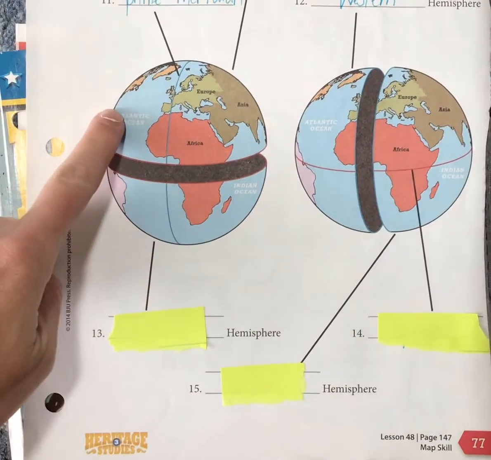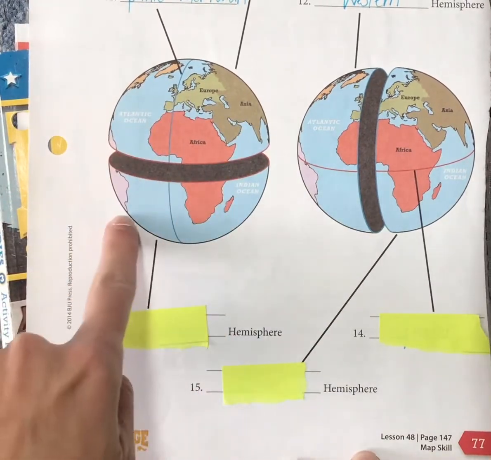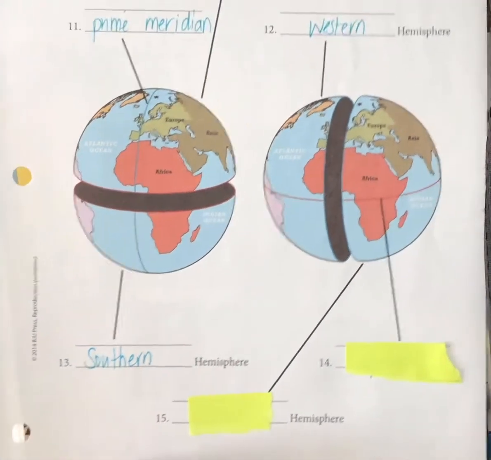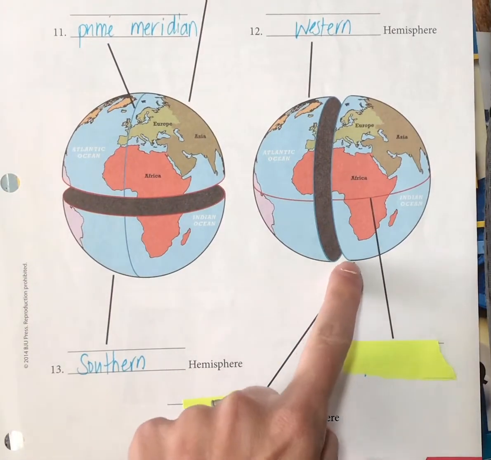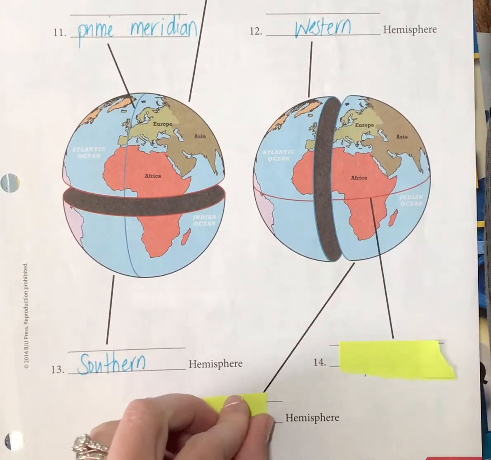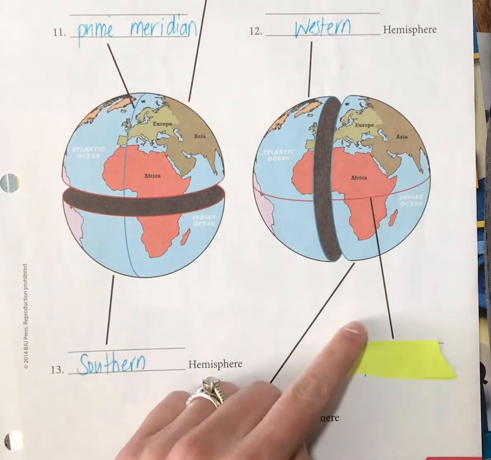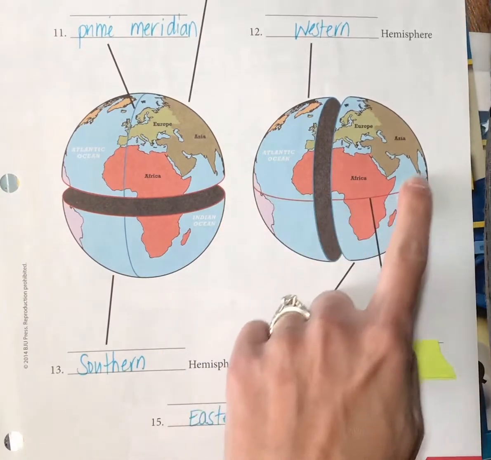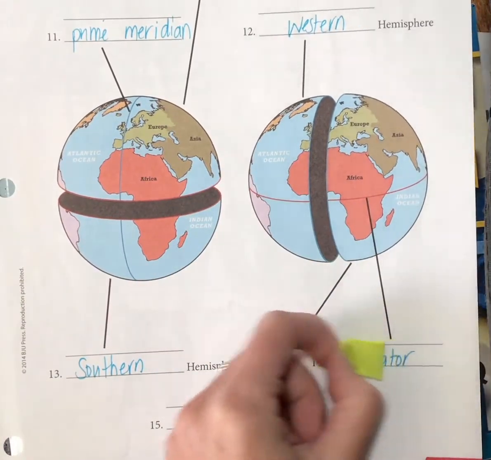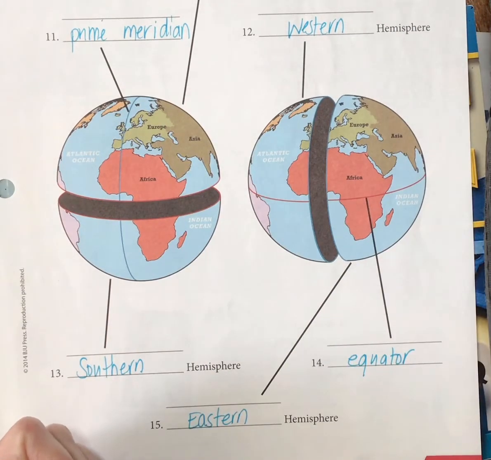So now this one was the northern, so that means this one is the southern. And then over here, this side was our western, which means this side is our eastern. And then the last one wants to know what this line is that's running east and west across our globe. And we know we live right near it. That is our equator. Very good.